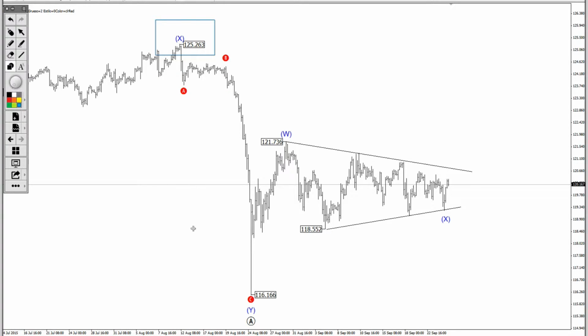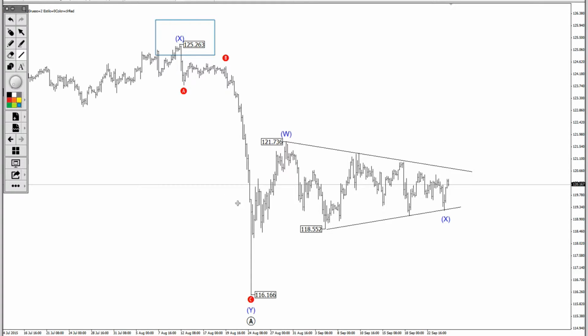Just a very strong decline, an ABC move down to 116.16, I have labeled as a completed minor wave A correction, and now this latest move higher from 116 up to 121.7 levels is a wave W of the next double three formation, which would form minor wave B or possibly minor wave X, depending on how this develops further.